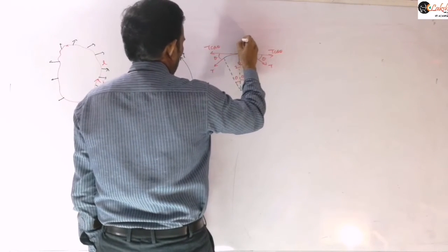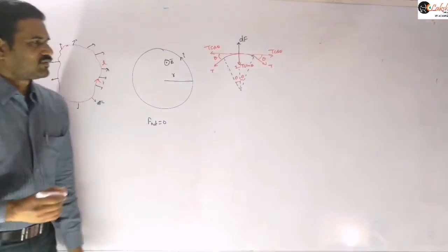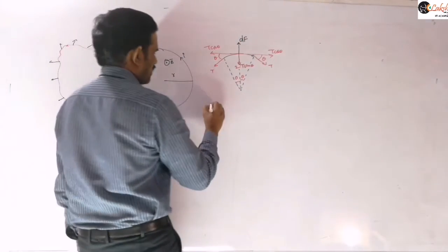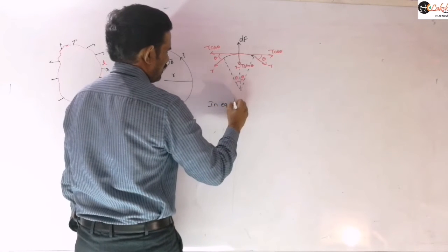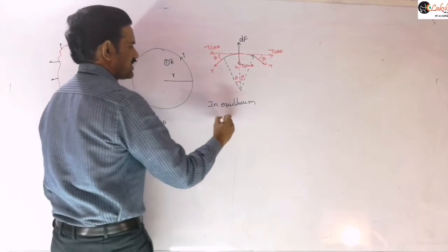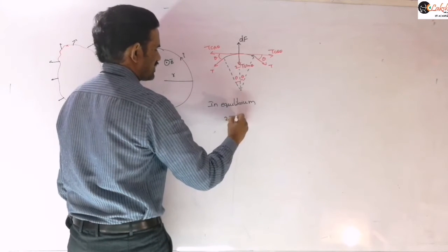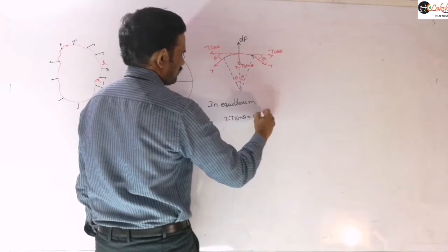So this will be dF, the magnetic force acting on this loop. Now in equilibrium, we can write 2T sin theta is equal to dF.